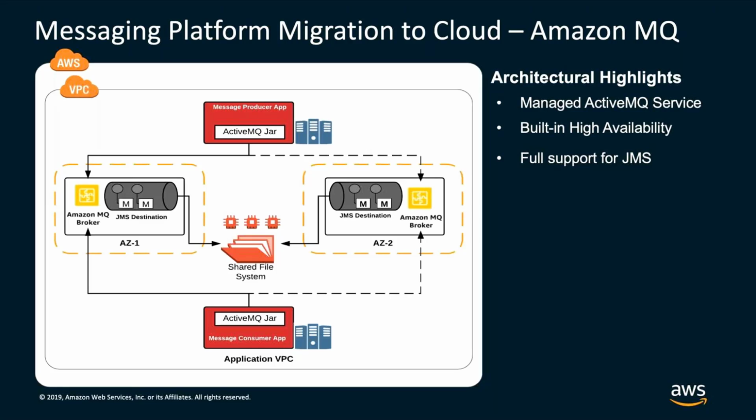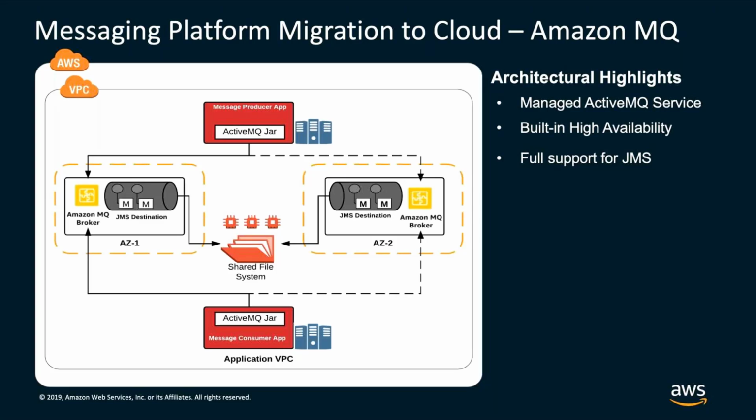As you see here, Amazon MQ is a managed ActiveMQ service. It has built-in high availability, and it has full support of JMS. These are the three key things which we were looking for, and it was a perfect solution for us when they introduced Amazon MQ.